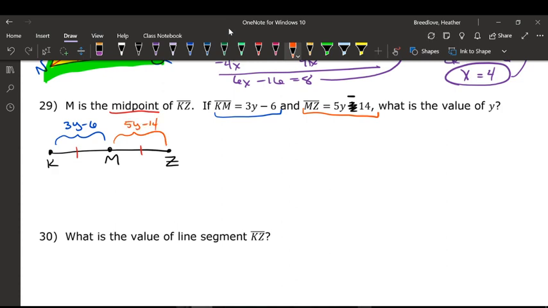What is the value of y? Well, because it's the midpoint, I know those two pieces are equal to each other. So I can set that up as they equal each other. 3y minus 6 equals 5y minus 14. And all I need is the value of y.